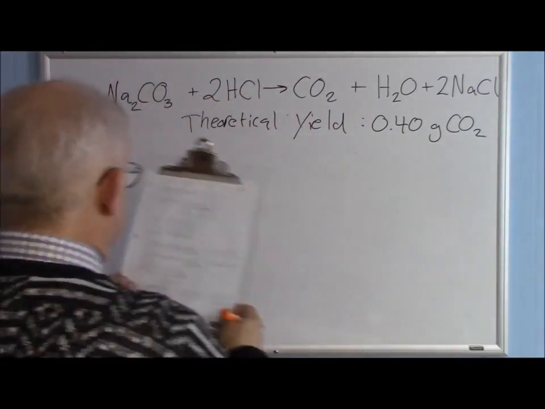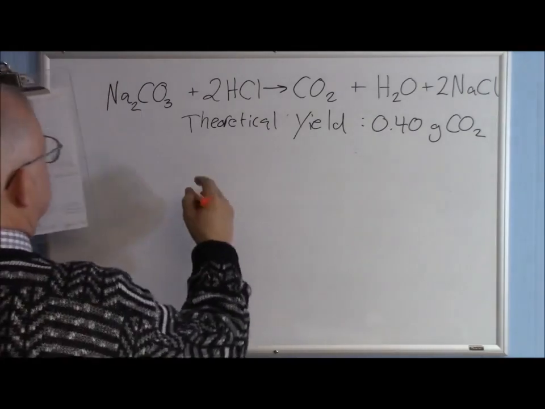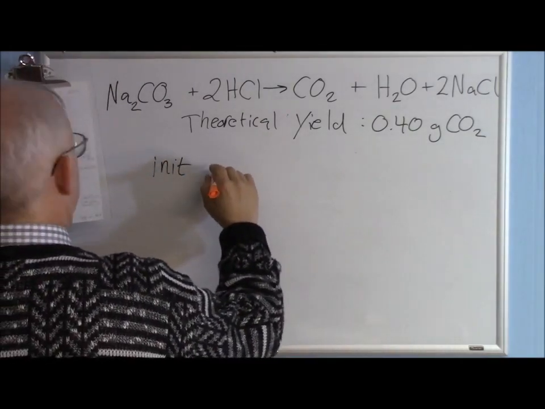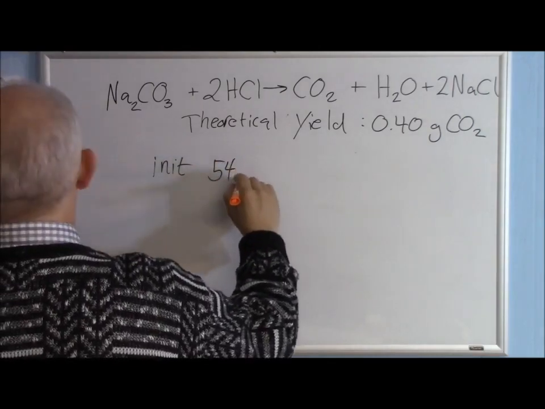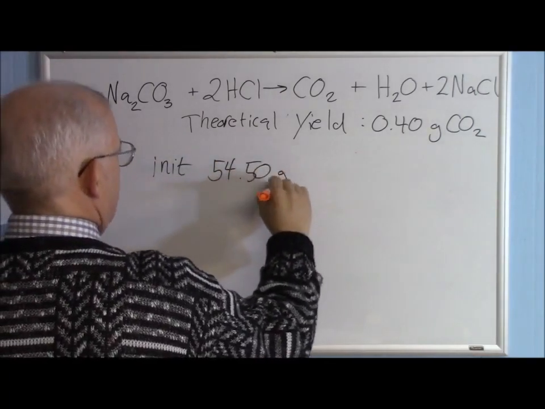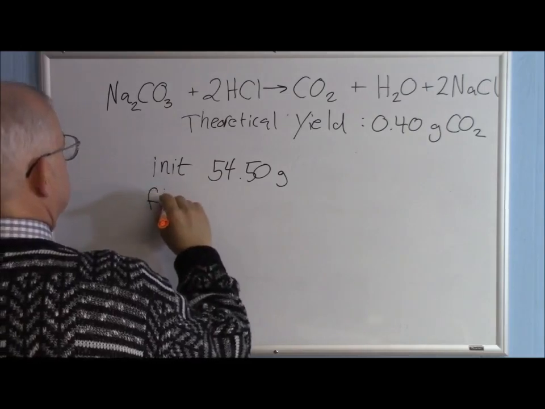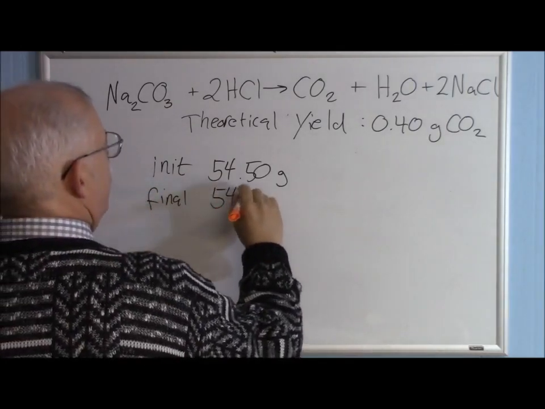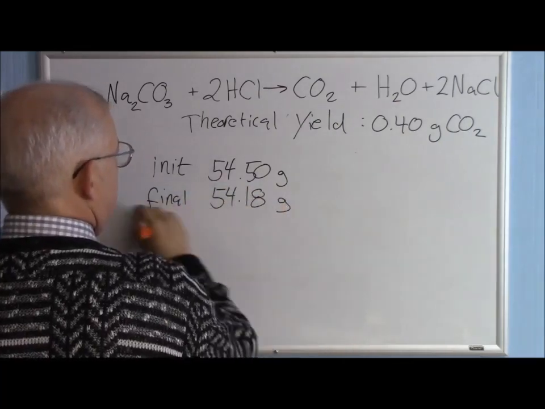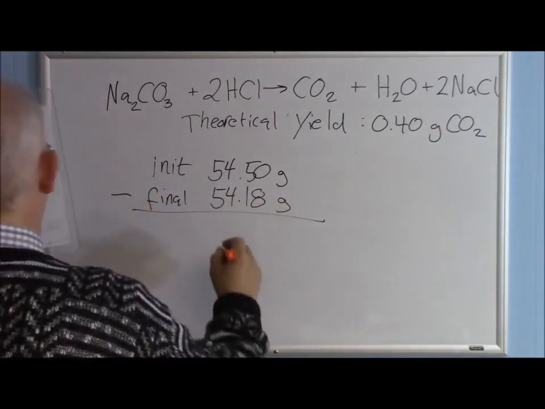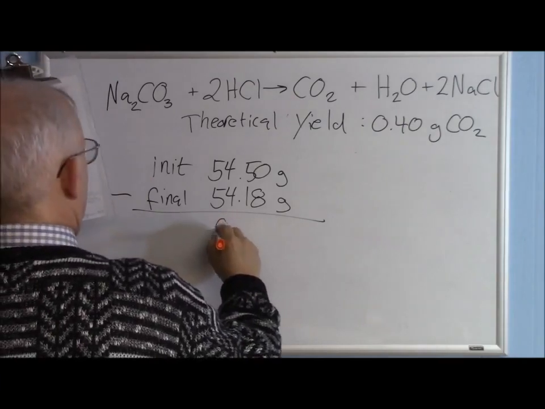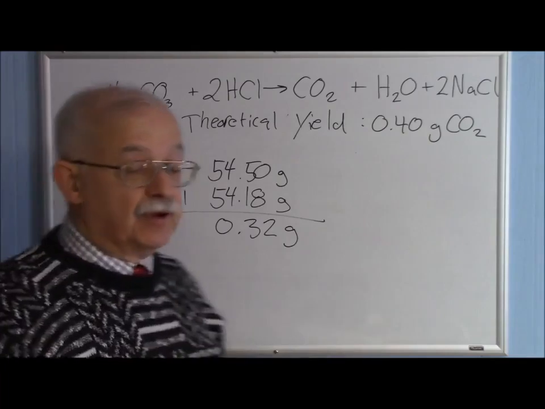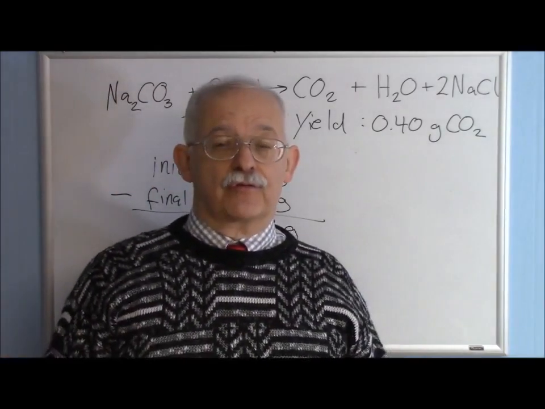So for this fictitious data, my initial total mass was 54.50 grams. My final mass ended up being 54.18 grams. So if I subtract those, I know that 0.32 grams disappeared somewhere in the course of the reaction.